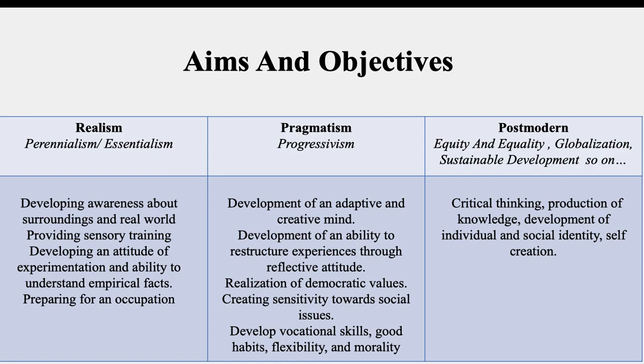So it is not only focusing on subject specific knowledge, but on a broader social political role of human beings that they have to take after they complete their graduation and education. So it has a broader, bigger social political purpose than the realism one.